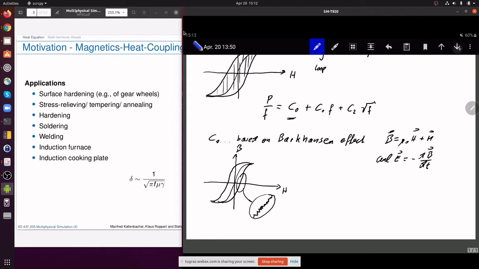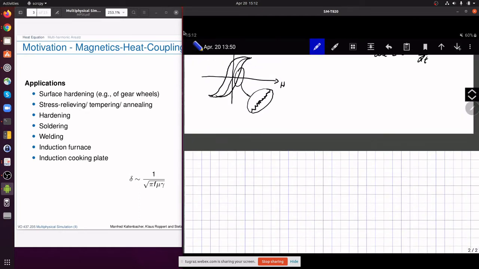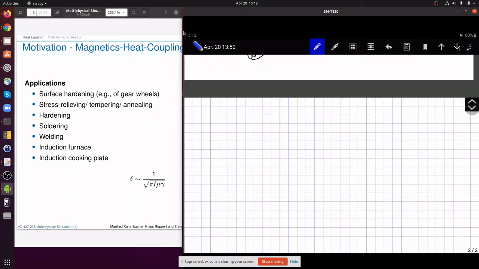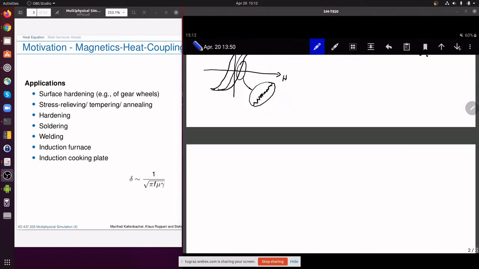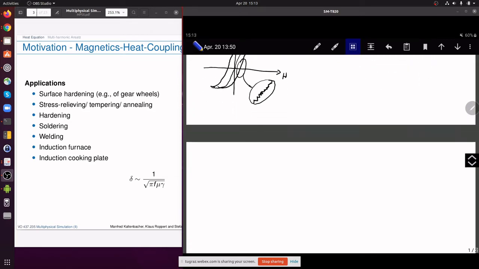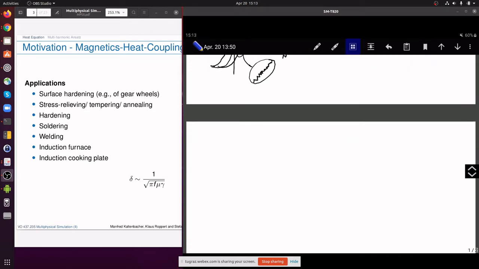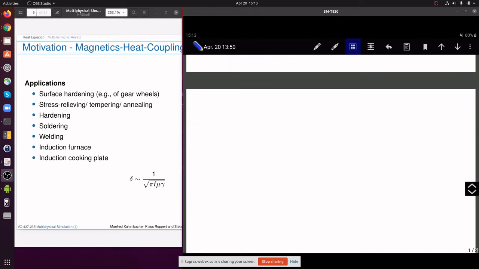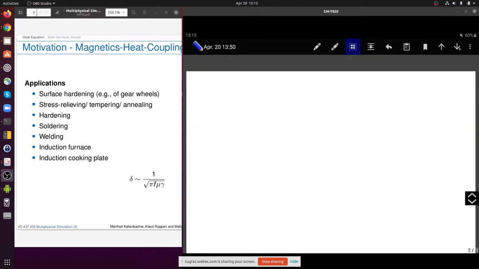The next part of the power loss, the C1 times f, is based on classical eddy currents as you know them from the exercise course maybe.